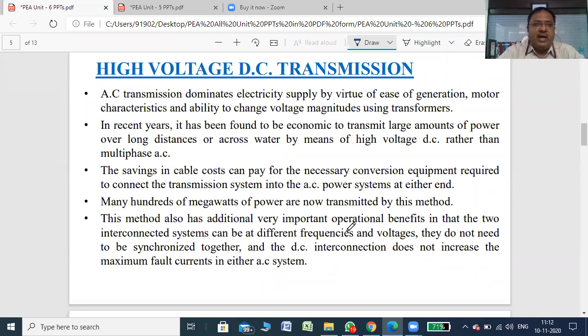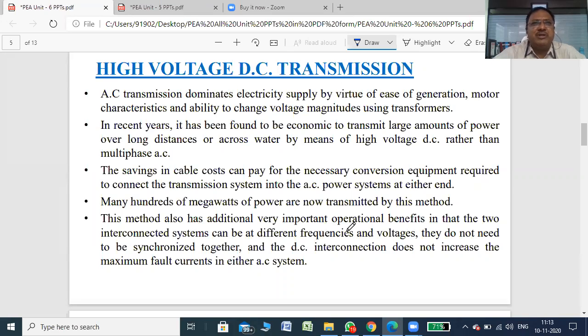Then the ability to change the voltage magnitude by simply using a step up or step down transformer is possible in AC transmission. In recent years, it has been found to be economic to transmit large amounts of power over long distances or across water by means of high voltage DC rather than multi-phase AC, right?